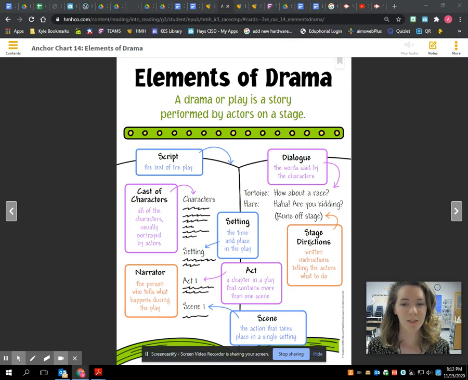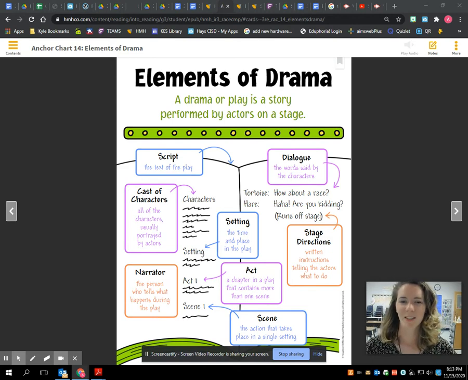Stage directions, look right here when we're thinking about hare. Hare says, "Ha ha, are you kidding?" And then below, in parentheses, those little marks that look like this, it says runs off stage. Now, wouldn't it be kind of silly if we had an actor on the stage who said, "Ha ha, are you kidding?" runs off stage?